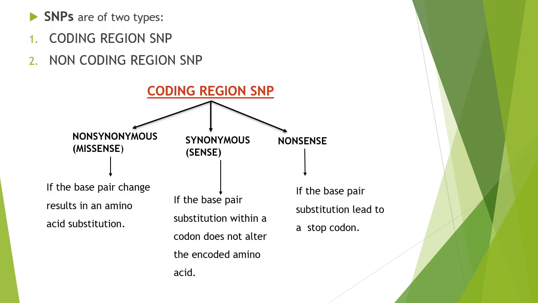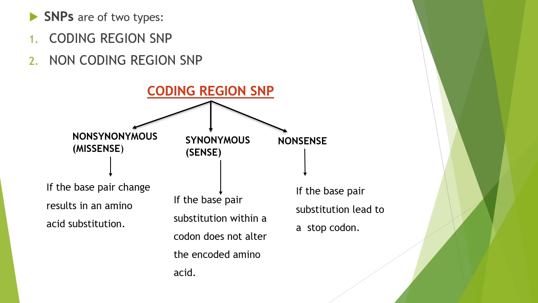Single nucleotide polymorphisms are of two types, coding region SNP and non-coding region SNP. Coding region SNP is further divided into non-synonymous, synonymous, and nonsense.